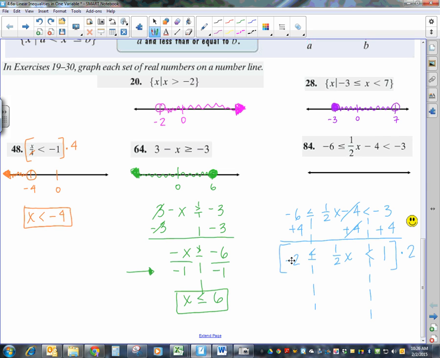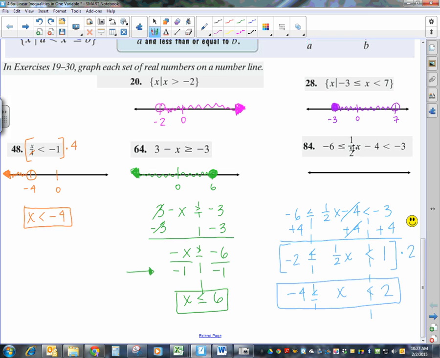Everything. Negative 2 times 2 is negative 4. This is not a negative number, so I do not have to flip my signs. 1/2 times 2 is 1, leaving me with x, and 1 times 2 is 2. So this is the algebraic answer to my problem.